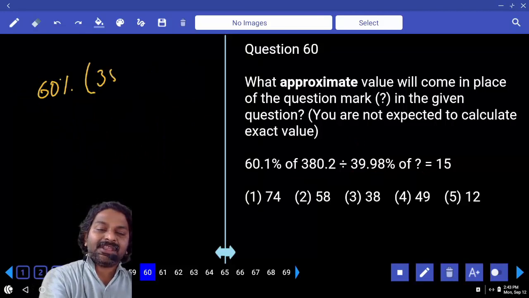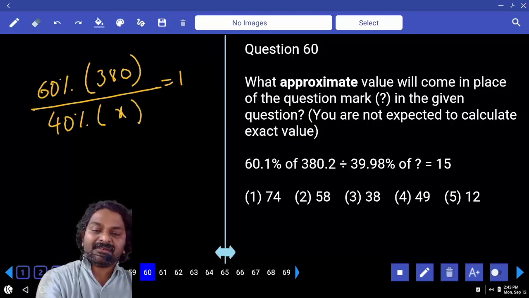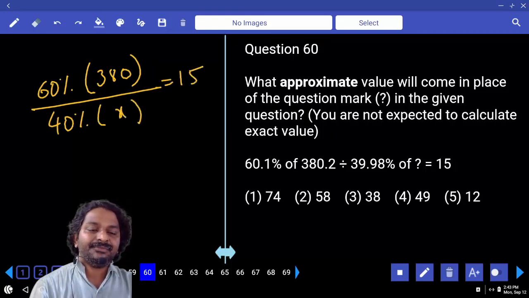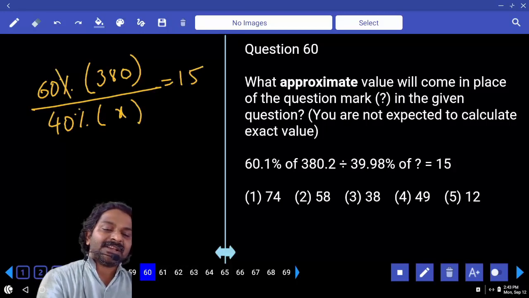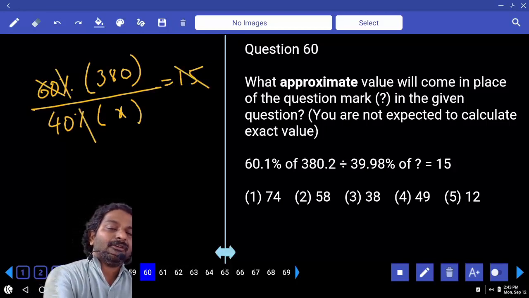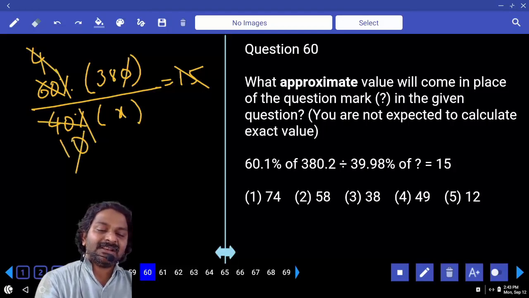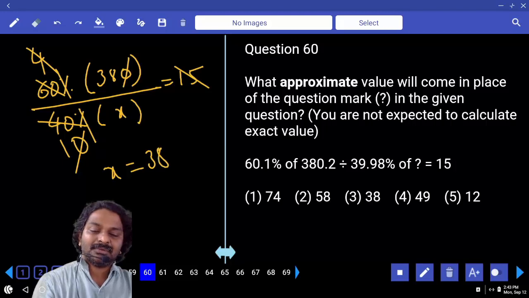60% of 380 divided by 40% of some number is equal to 15. Zero cancel. Sorry, percentage gets cancelled. 15, 4 times 4, 10 times, zero cancel. X is equal to 38.